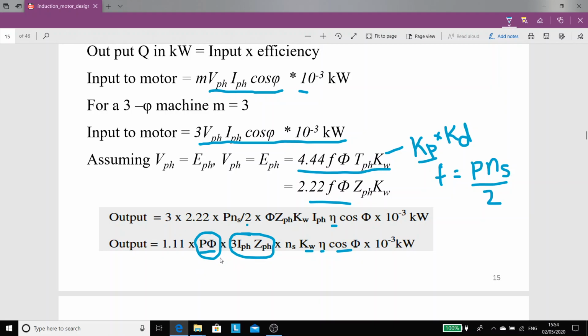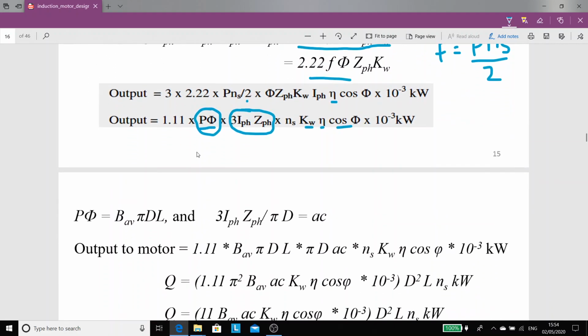Now see, we know about specific magnetic loading and specific electric loading. Initially, we have to select the proper value of this specific electric and magnetic loading. So in terms of specific electric loading and specific magnetic loading, we have to write down the total loading. Total magnetic loading is equal to specific magnetic loading multiplied by its area.